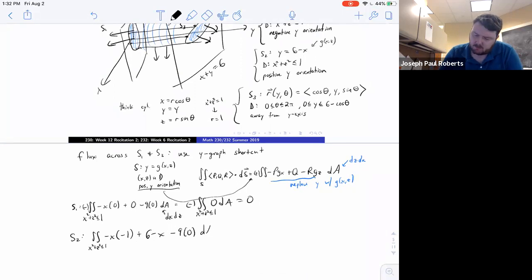Looks like the x's cancel, and I'm doing the integral of 6 across the unit disk. I know the area of the unit disk is pi times 1 squared, but figure that out however you need to.